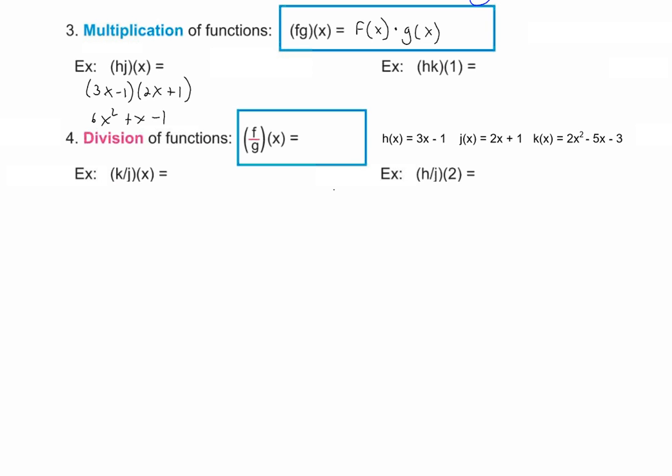Now again, the second example, we get to put 1 in where the variables are each time. So what's the h function? 3 times 1 minus 1. And what's the k function? 2 times 1 squared minus 5 times 1 minus 3.